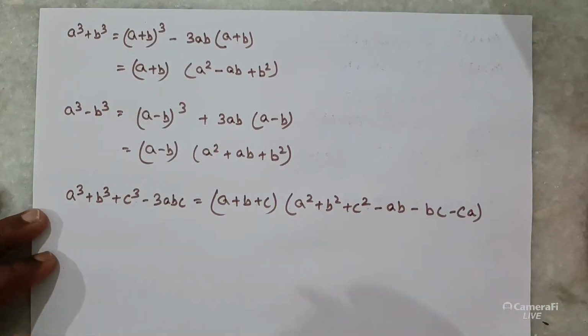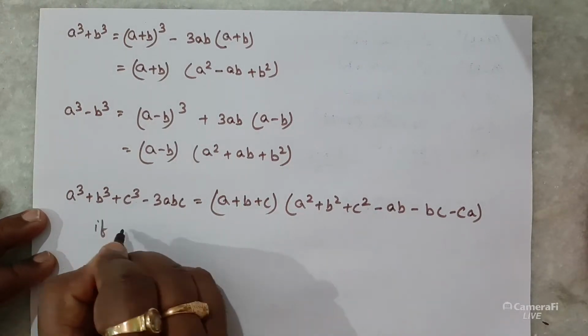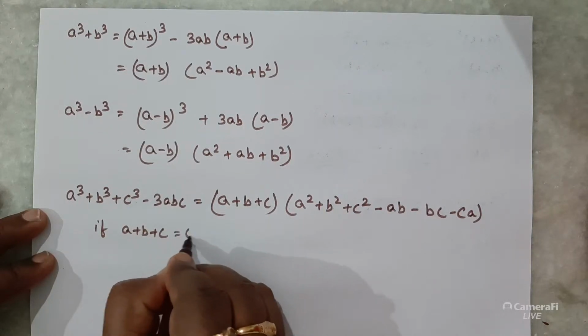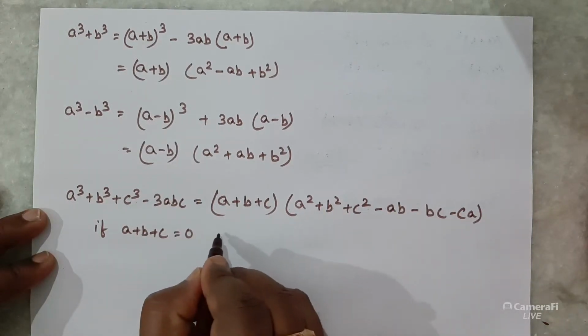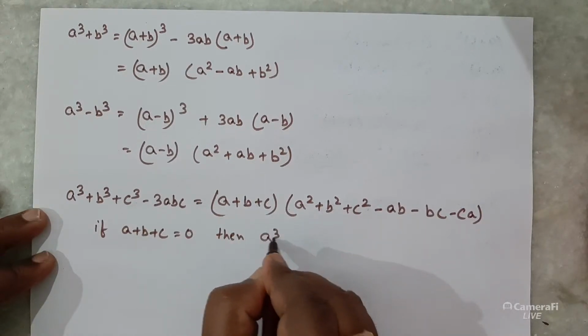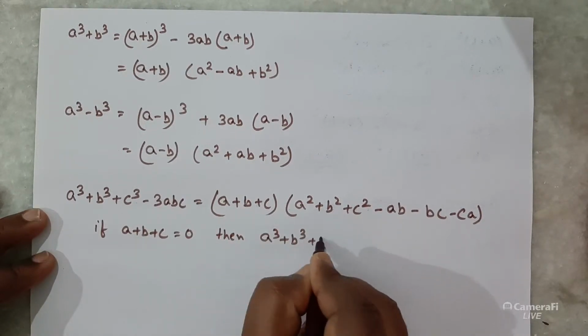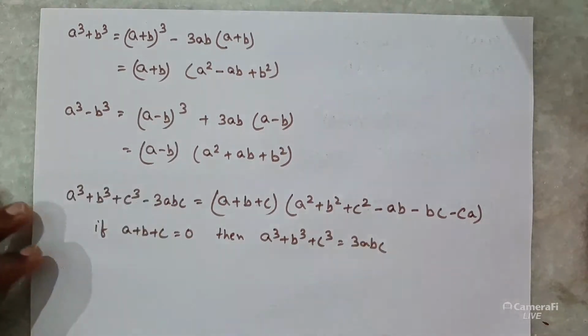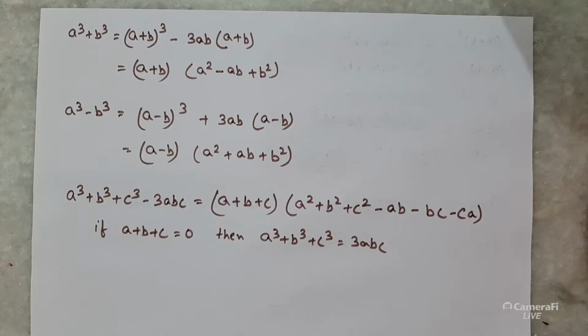Okay, if a plus b plus c equals 0, then a cube plus b cube plus c cube will be equal to thrice abc. These are the basic formulas you can write in your copy, that you will need.